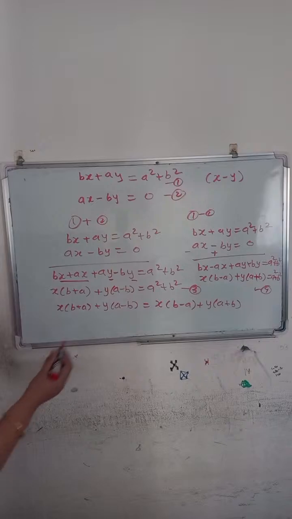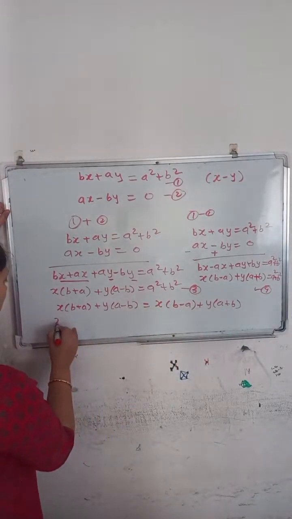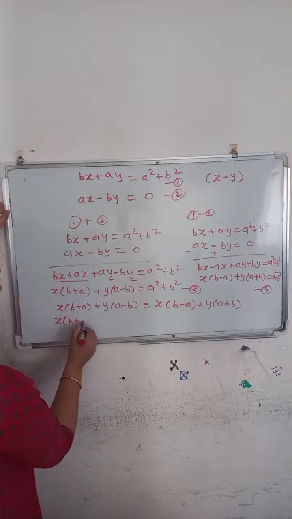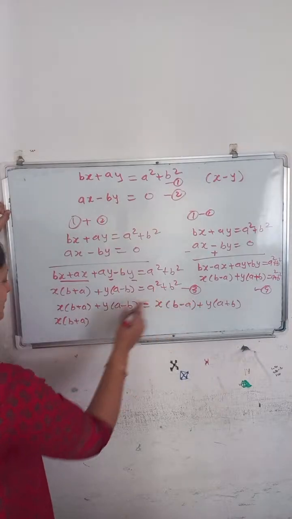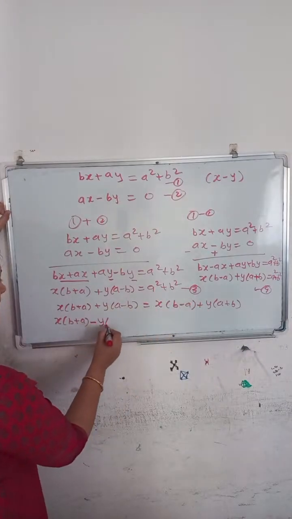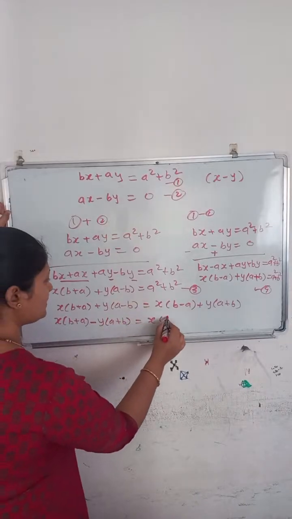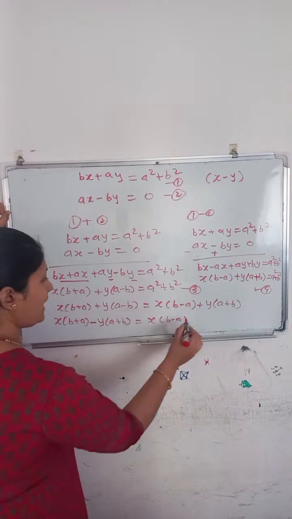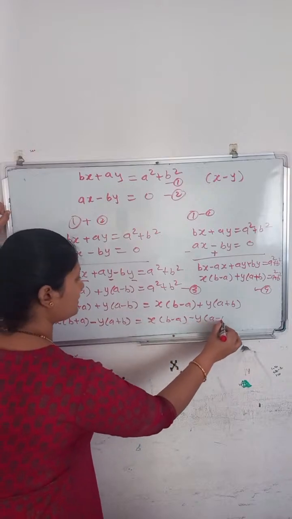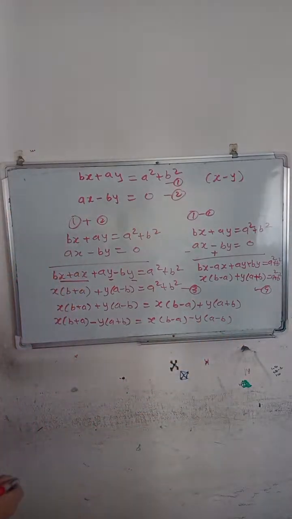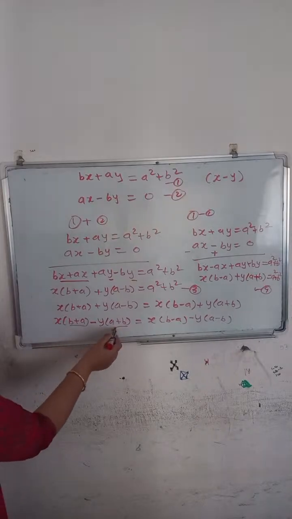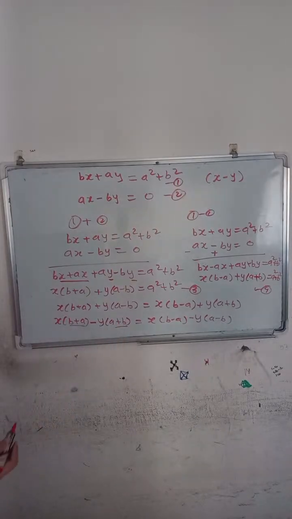We can transpose y over here and x(b minus a) to the other side. Now check, b plus a and a plus b are one and the same thing.